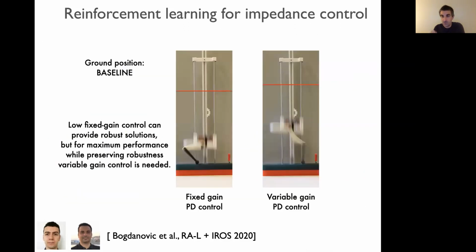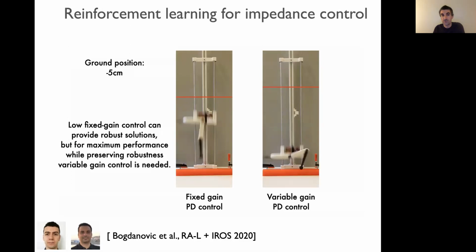So we basically took the best PD controller with fixed gains, very low gains, that we could find. Then we took the one that we optimized with variable gains, and we tried to directly put it on the robot. And this is what happens. In that case, we are able to get better performance with our approach than with a fixed gain. That was the best we could get with a fixed gain, with low gains; it was the only one that works.